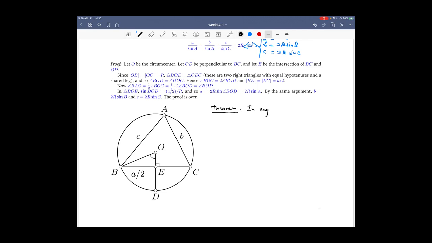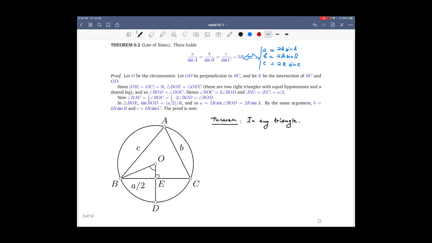In any triangle, the length of any side equals the diameter of the circumcircle times the sine of the opposite angle.